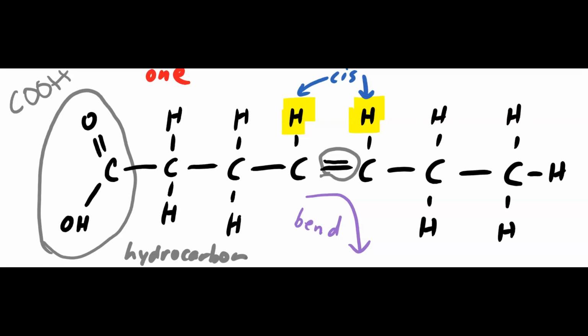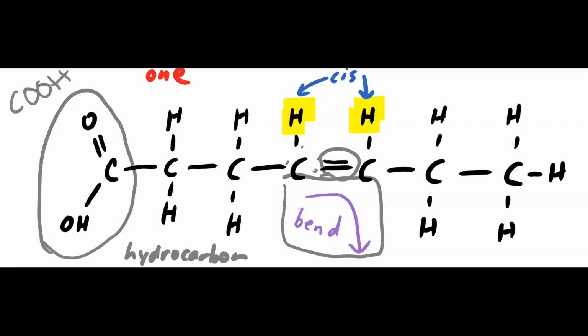So this carbon right here is going to have a double bond, so we're bonded to 1, 2, 3 things. Then we have our hydrogen up at the top. Those are the 4 atoms that carbon can bond to. That leaves an open area down here at the bottom, right? Same thing over here. So because this is a cis monounsaturated fat, the hydrogens are going to be on the same side, leaving this open area.